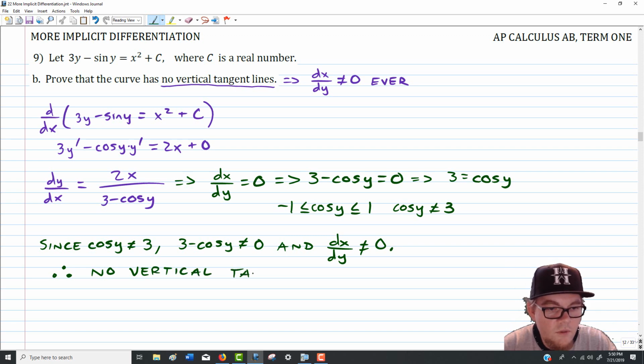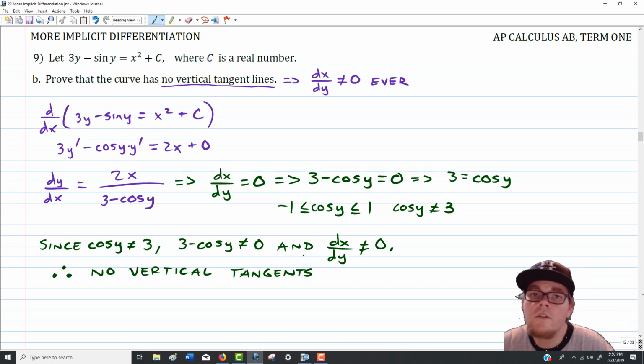In this case, you just had to remember that cosine is a bounded function, and its values are limited to the range from -1 to 1. That meant we could never get a large enough value to have any vertical tangent line. So there's less intense math here, and not a ton of exciting things happening outside of the implicit differentiation. It's pretty easy, actually. But thinking about what we know about cosine and focusing on the denominator allows us to determine that there will never be a vertical tangent for this curve.